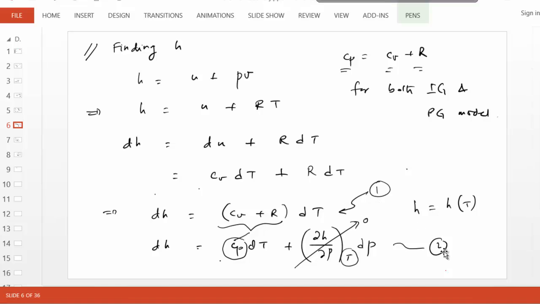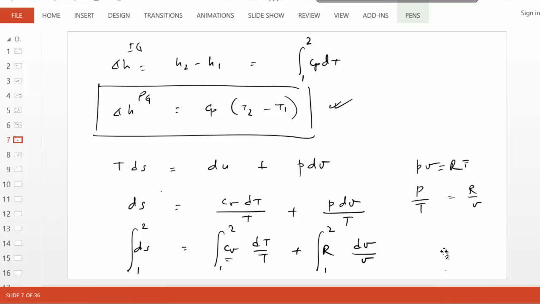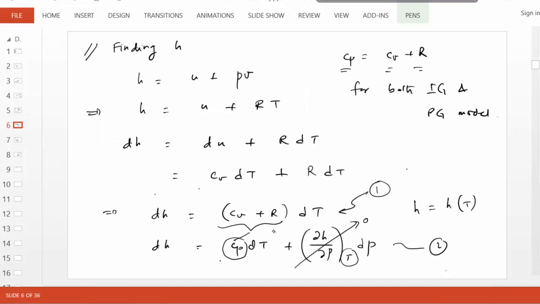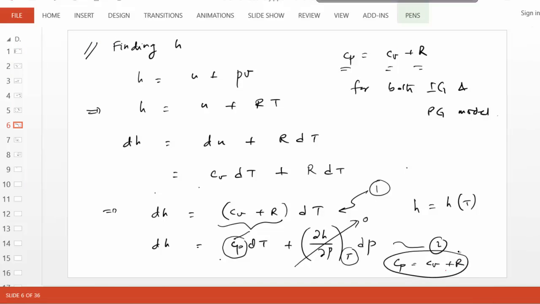One of the consequences, I forgot whether I wrote that down or not, is that Cp must be equal to Cv plus R. That is a powerful conclusion that I forgot to mention. If you look at equations 1 and 2, that's an obvious conclusion. So this is always true for an ideal gas or perfect gas. Yes, we did do that here. I'm sorry.